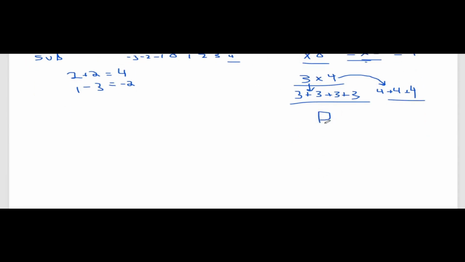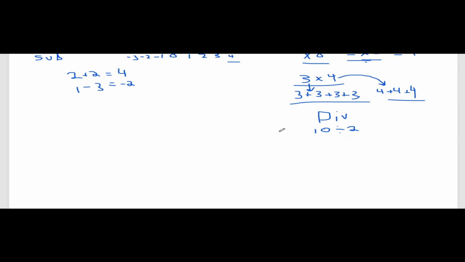Whereas division is basically a little bit different. So if I have, let's say, 10 divided by 2. Now this one is different because I'm seeing how many times, let's say I have 10 of something and I'm dividing it into 2 piles.